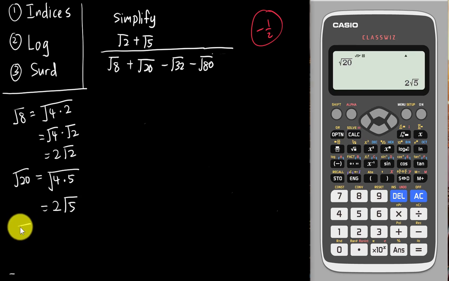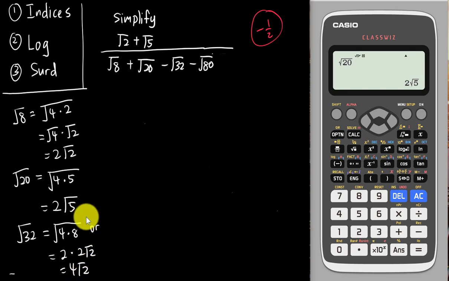Let's have a look at the square root 32 here. From the 32, same thing, it can be divided by 4, so it's 4 multiplied by 8. But if you do it like this, you need to do it again, because square root 4 is 2, but square root 8 gives you 2 surd 2. Then you need to multiply. You can do that also: 2 multiplied by 2 surd 2 is 4 surd 2.